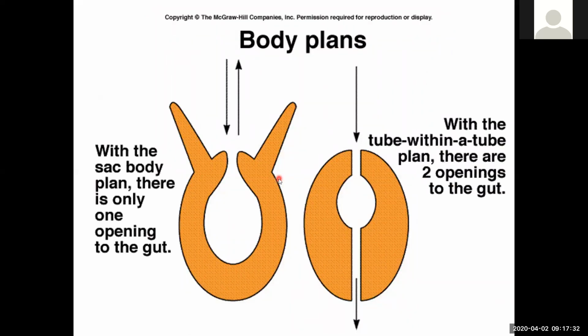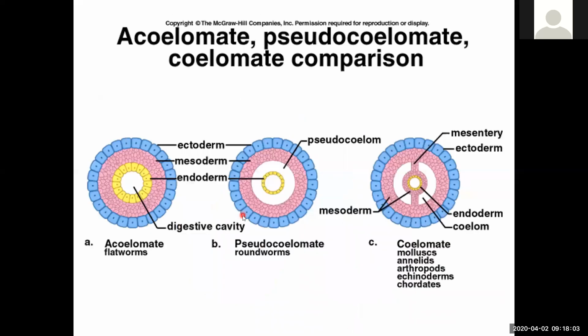So we are still at the one or two-way digestion plan, where what comes in, the leftovers will come out through that same hole, versus what we will develop into later on, where we have phyla that has a tube within tube, a one-way digestive system. We are not at one-way yet. We have this two-way digestive system still. And sometimes we don't even have that in this group, in this phylum.